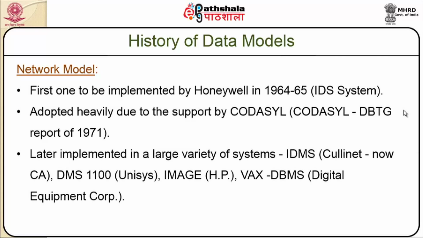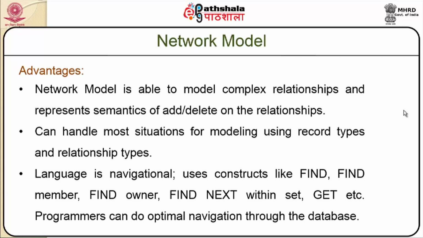And this was later implemented in a very large variety of systems like IDMS, Image, VAX DBMS, etc. Some of the advantages of the network model include: the network model is able to model complex relationships. As associated with the networking concept in the field of computers, those are interlinked chains.